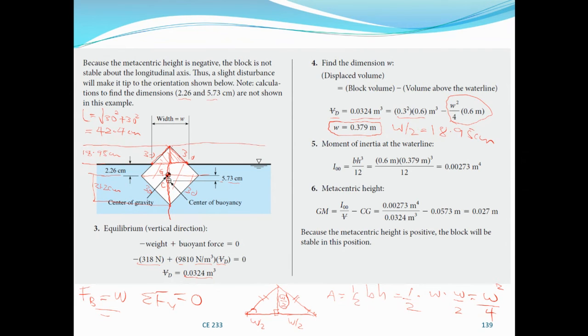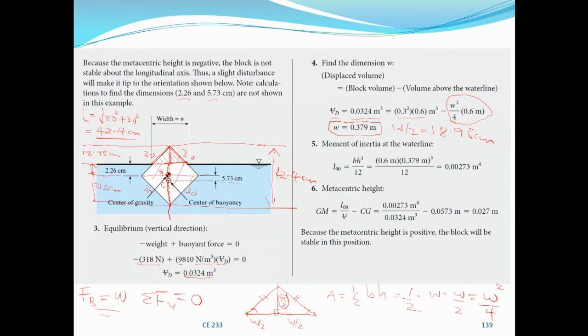Because the total distance is what we found here, which is 42.4 centimeter. So what is this distance between G and the top of the water?